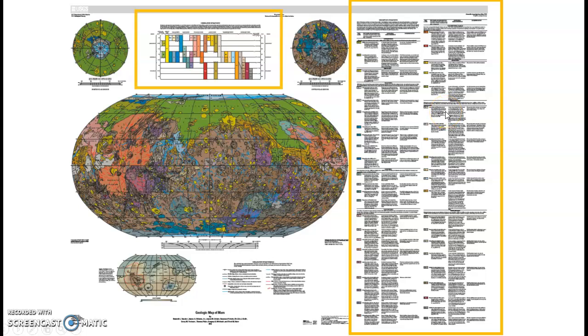And then if you look over in this part of the map, what they're doing over here is each of these columns is one of the categories, and they're showing you which color is youngest and which color is oldest.